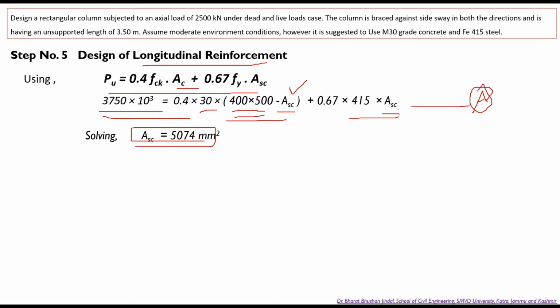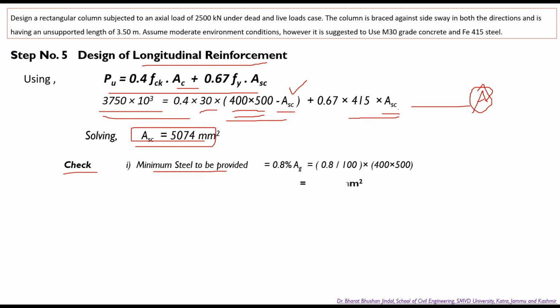5074. So it is quite a high value for the area of steel. Now again, as per the check, first of all we have to check the minimum steel that needs to be provided as per IS 456. It comes out to be 1600 millimeter square, and we require 5074, so definitely it is greater than 1600.